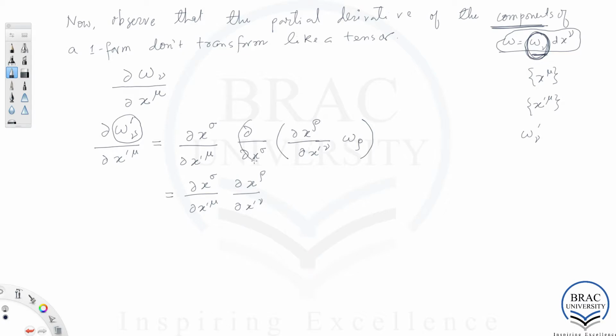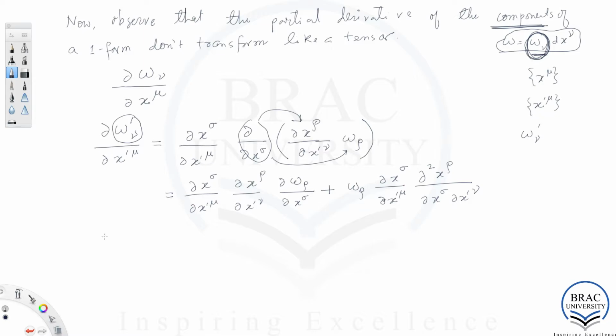So this guy is going to hit this one first to obtain ∂ω_ρ/∂x^σ, and then you have ω_ρ ∂x^σ/∂x'^μ, and then this is going to hit this derivative now, ∂²x^ρ/∂x^σ∂x'^ν. Okay, good.